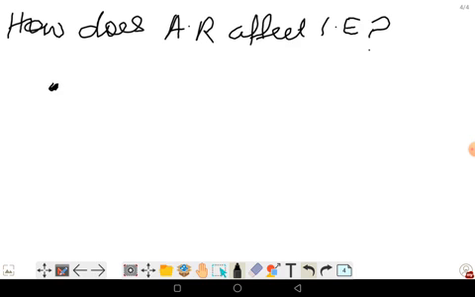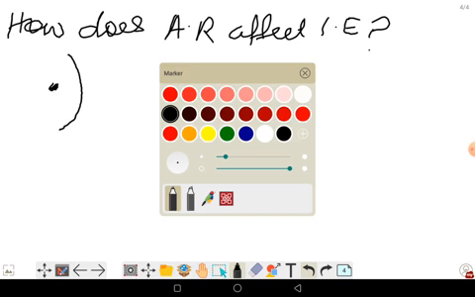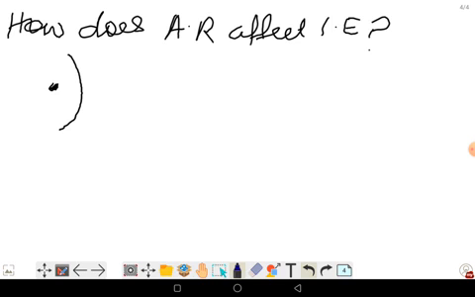This is the nucleus of an atom, and on this nucleus we have shells surrounding the nucleus. Let's use blue color to denote the nuclear charge.